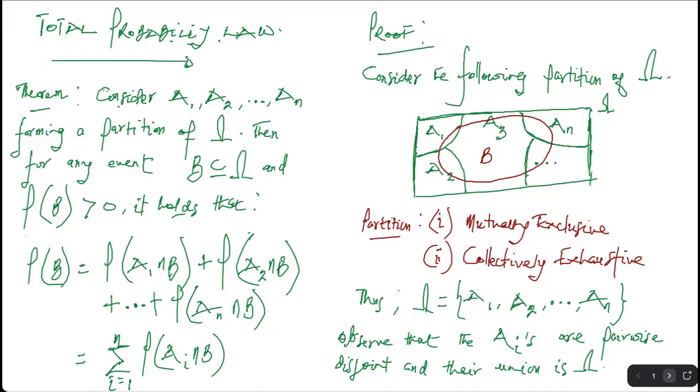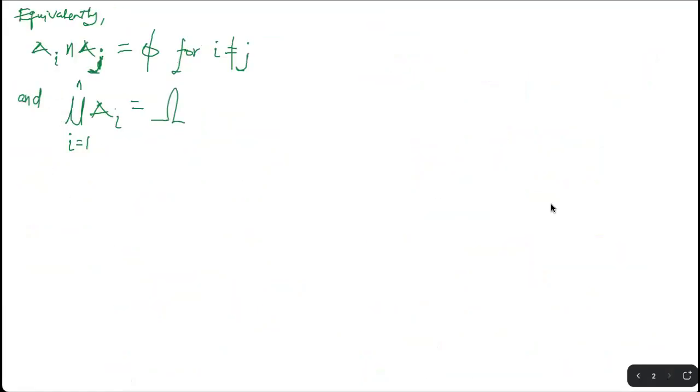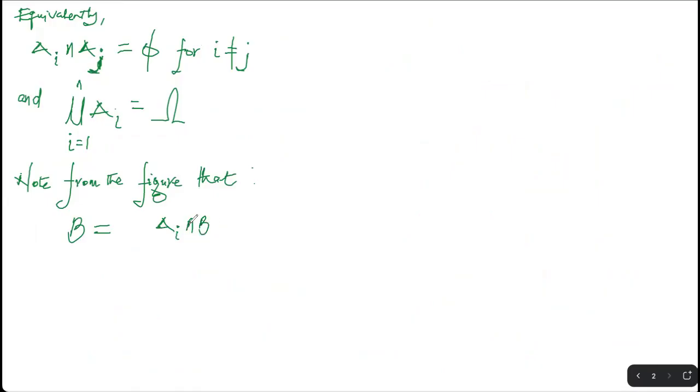Therefore, this means that, from the above figure, the B, the whole region, the whole circle or oval, is essentially taking all the AIs, intersecting them with the B. Okay, this alone will give you those small portions.